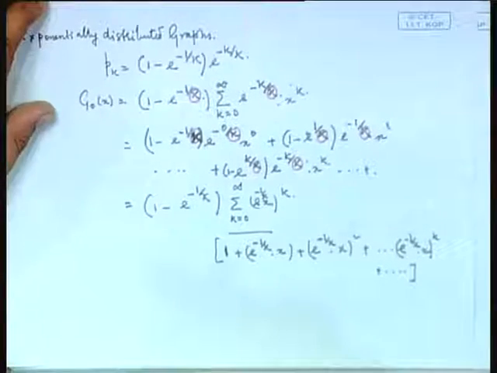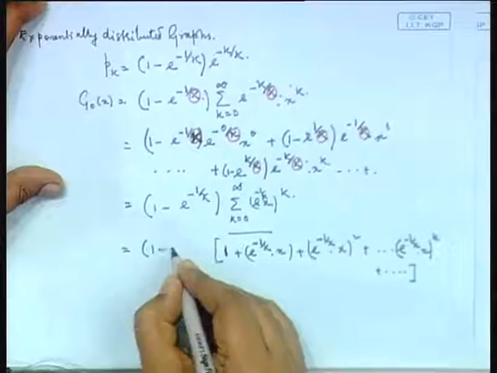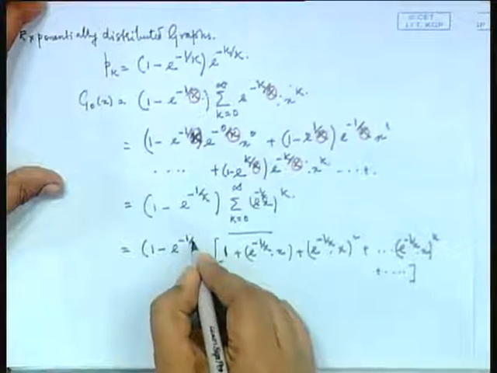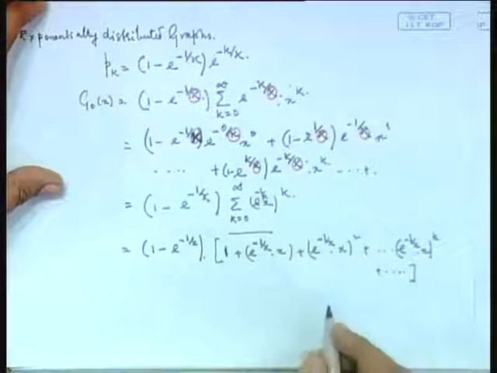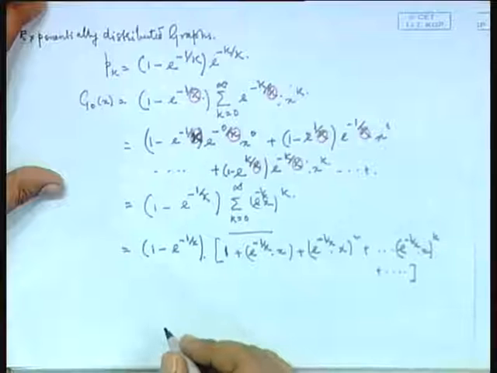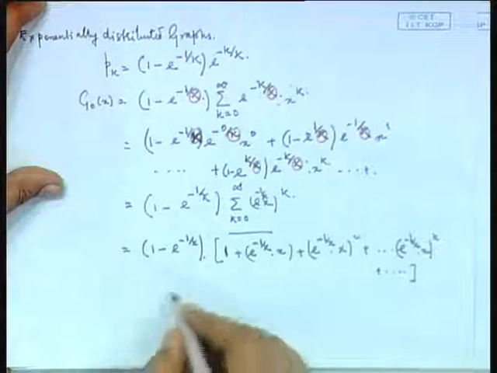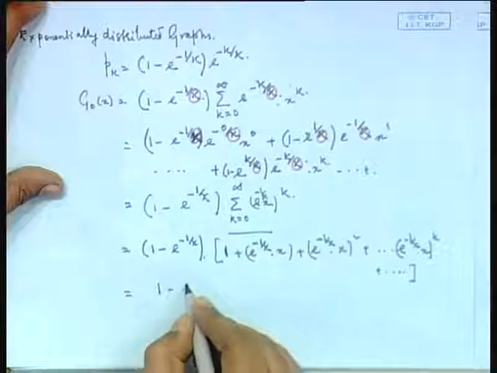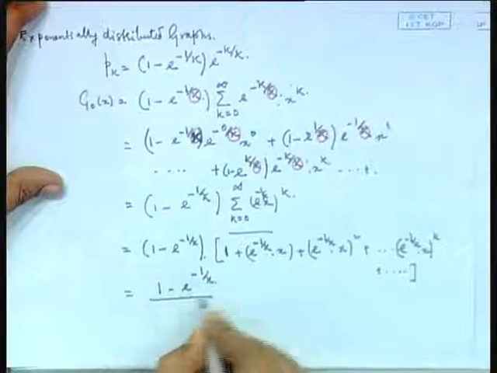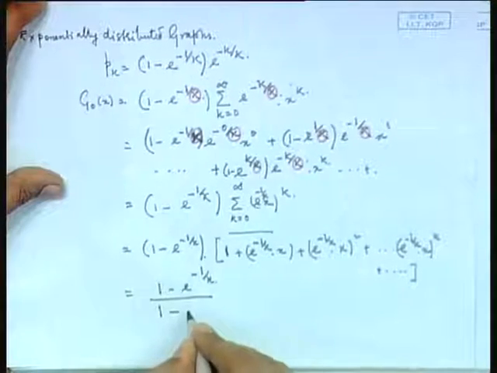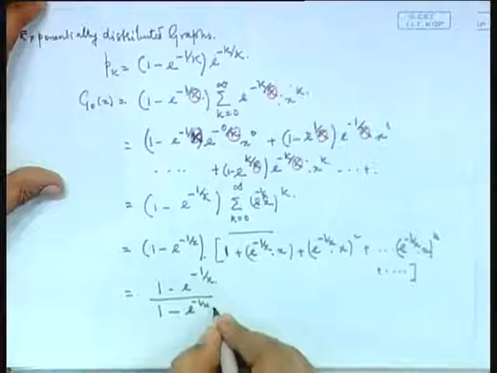I guess no problem. So, what is this the expansion of? So, this basically becomes 1 minus e to the power minus kappa into x.